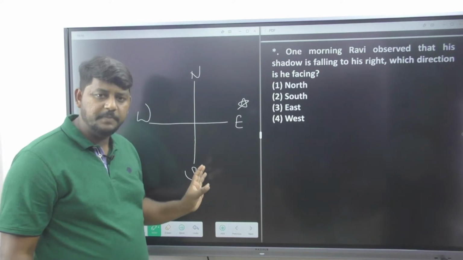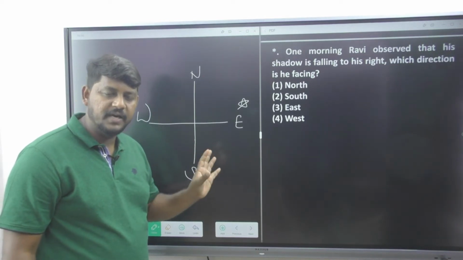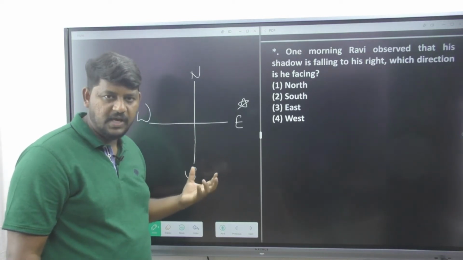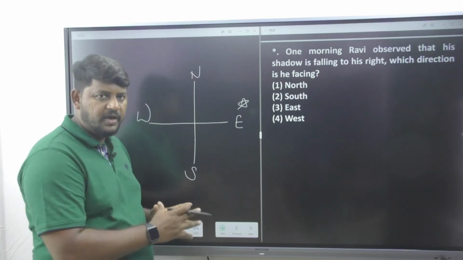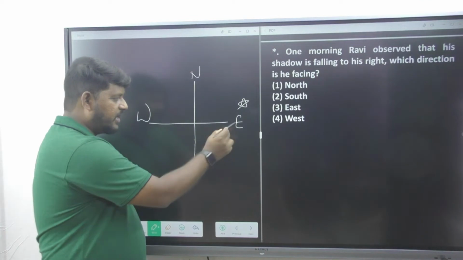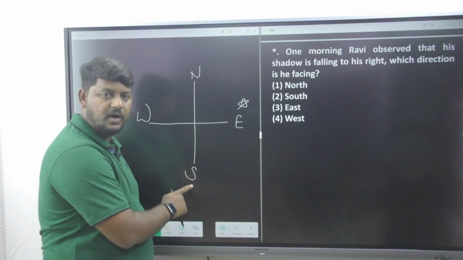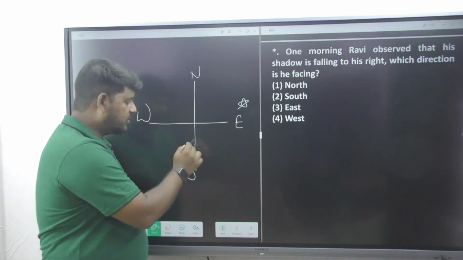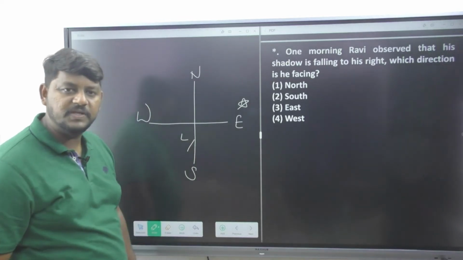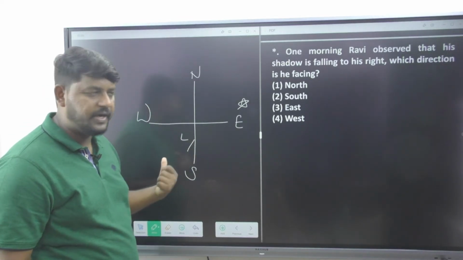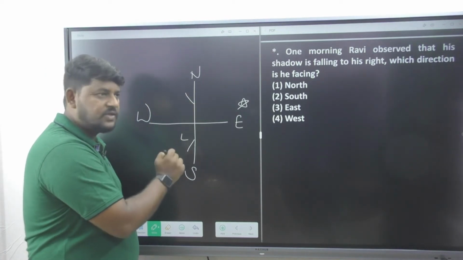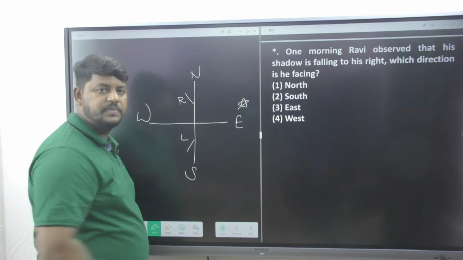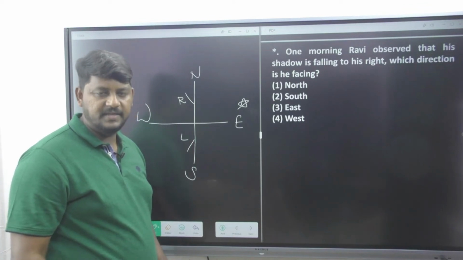Instead of placing the person, it is always easy and comfortable placing the shadows. Afterwards, the person is definitely going to sit somewhere. Okay, now let us observe here, a person who is standing at south and facing towards north is going to be observing their shadow towards their left side in the morning. Am I correct? And in the same way, a person who is standing at north facing towards south is going to be observing his shadow towards his right side. Am I clear?